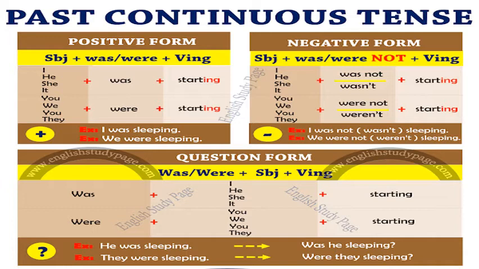Let's look at the examples. I was not sleeping. We were not sleeping. If we look here at the question form, it can be formed if we exchange the places of the helping verb to be, was or were, and the subject. We just flip their places.